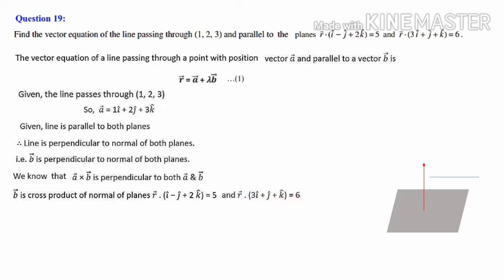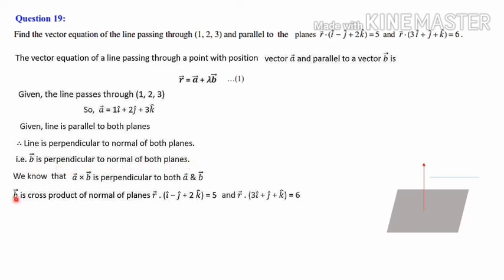Here you should not confuse this vector b with the vector b in the result we have learned, that a cross b is the vector perpendicular to both a and b. That is something related to our question. According to our assumption, b vector is perpendicular to the normal of both the planes.